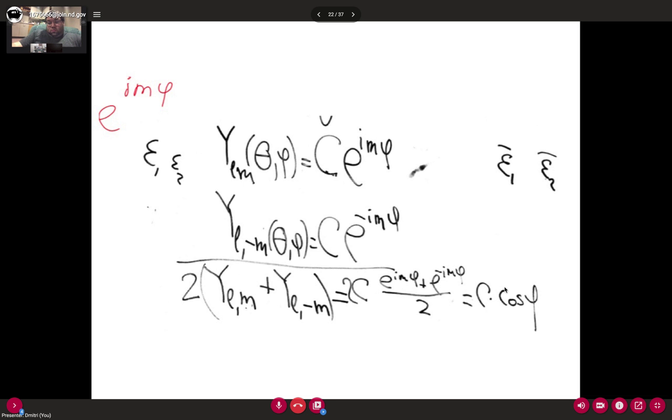So any orbitals we draw in freshman chemistry are not exact solutions, but superpositions of the solutions for opposite values of the magnetic quantum number. Because otherwise it will be hard for humans to draw imaginary things.